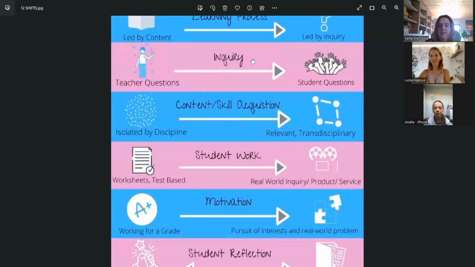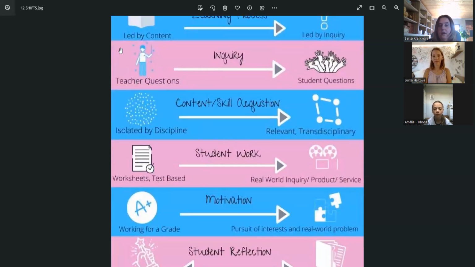Okay, so the next one is inquiry. The teacher's questions: the teachers were asking questions, and now let's focus on the student questions. How much time do you actually have to ask questions? I would say that in the old way of teaching, the teachers were asking all the questions and the students never got to ask anything, and they only studied from what they heard from the teacher.